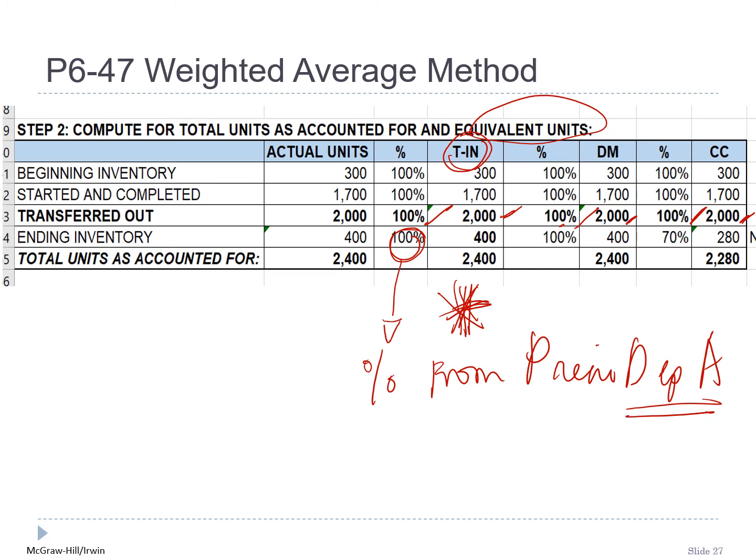Ngayon, for direct materials, nakadepende dun sa percentage of completion ng conversion cost. Pag 50%, meron ng direct materials. 70% complete according to the problem. So therefore, pag direct materials, 100% complete kasi sobra na sa 50% yung 70%.